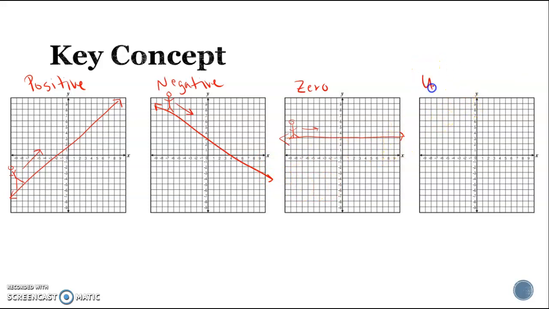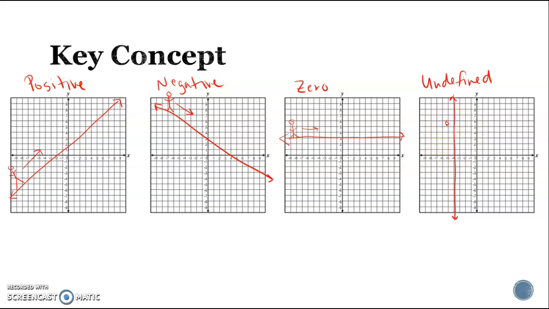And then we have what is called an undefined slope. And an undefined slope is a vertical line, hopefully better drawn than what I just drew. A vertical line. I can't draw a stick figure on this line.